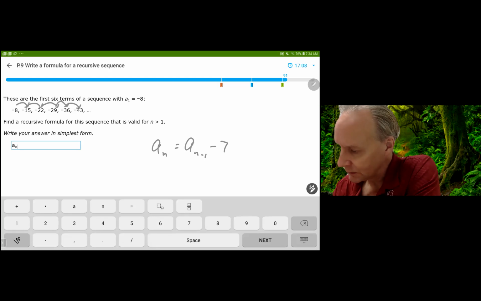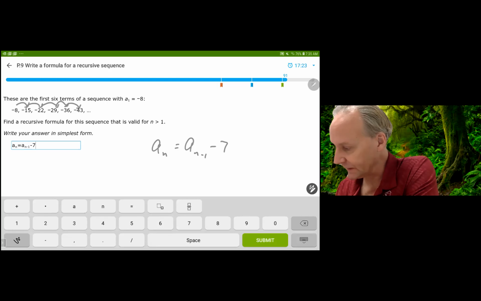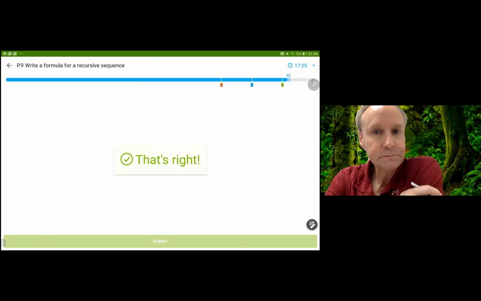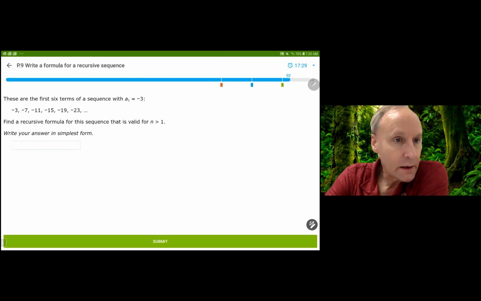A sub n equals a sub n minus 1 minus 7. Now I could put plus negative 7. It would have been the same thing. Oh man, they're going to make us do a bunch of them. All right.